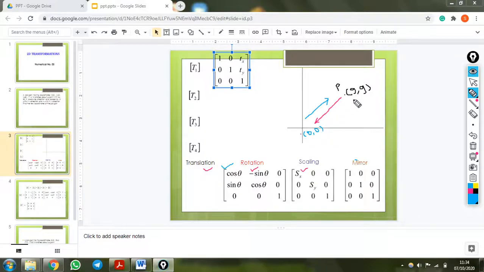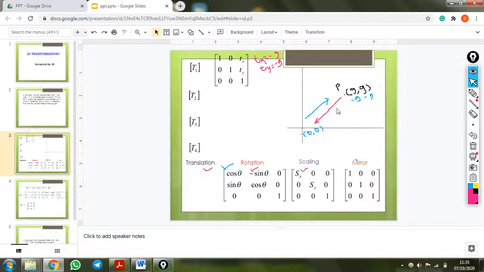So if you subtract 9 and 9 from the coordinates of P, then it will become (0, 0). So the same way here we should put tx equal to -9 and ty equal to -9, to translate it to the origin.